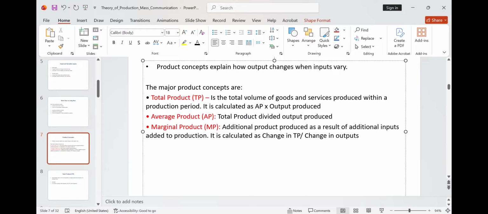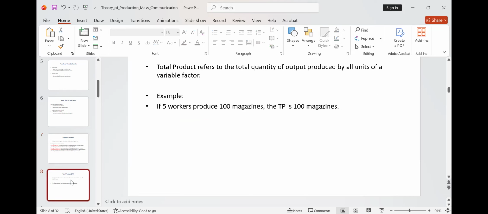While average product is total product divided by output produced, i.e., TP divided by Q. That is your AP, average product.